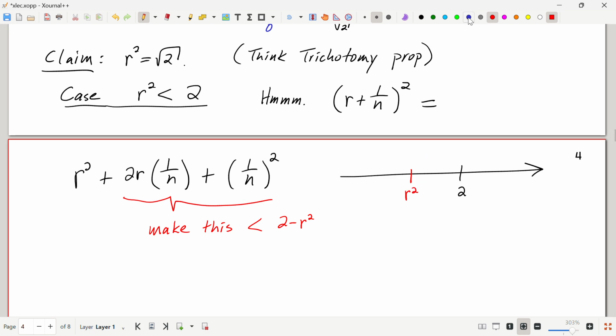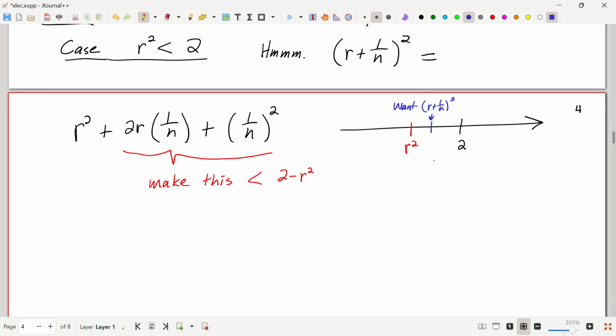And I want my r plus 1 over n squared to fall right here, somewhere before 2.